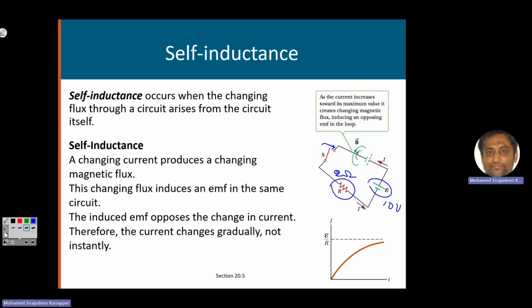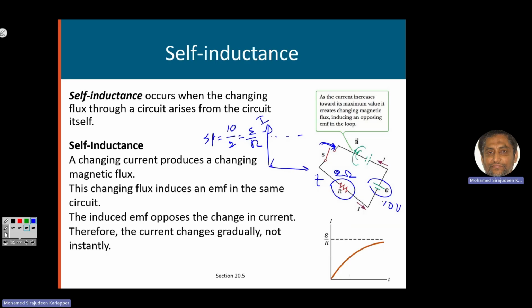But strangely, when you close the switch, and if I look at the current as a function of time, you expect it to be E divided by R, which is 10 divided by 2, 5 amps. It doesn't become 5 amps at once.